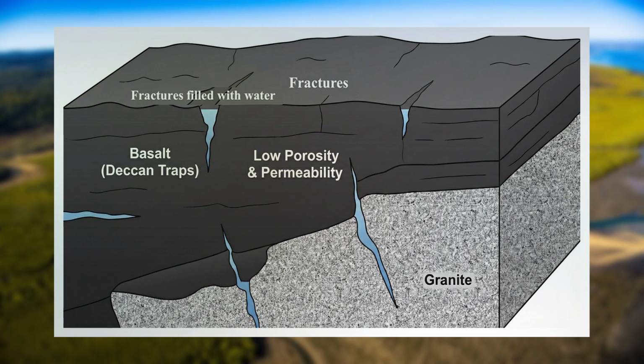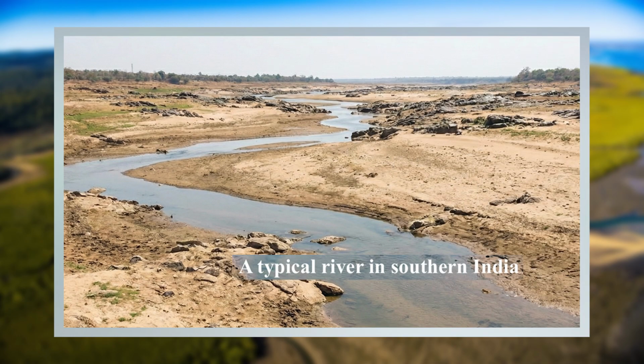They are composed of basalt or Deccan traps and granites which have low primary porosity and limits the storage and yield of water. This causes the flow in most of the rivers like the Godavari or Krishna to reduce significantly in summer.